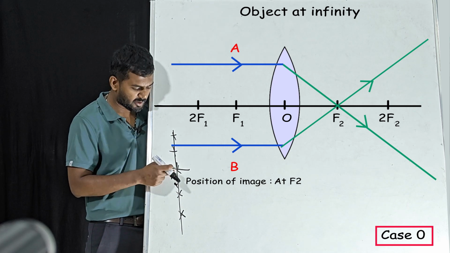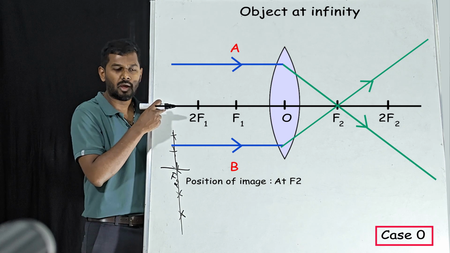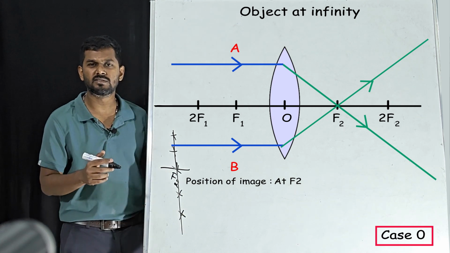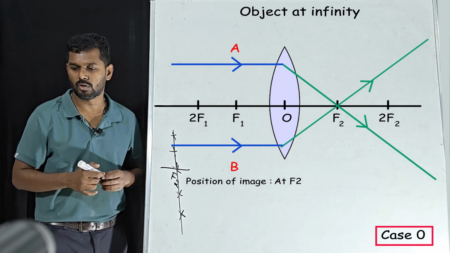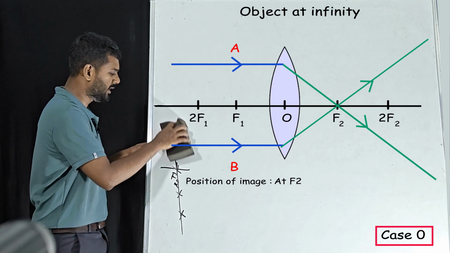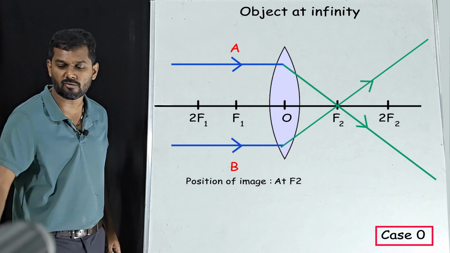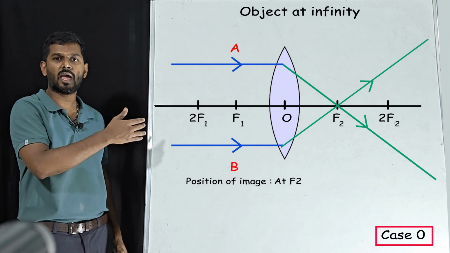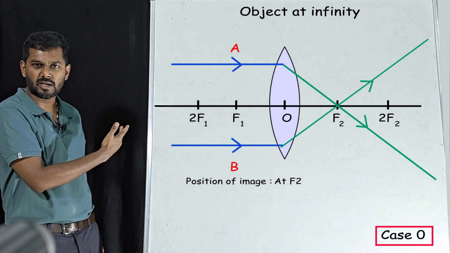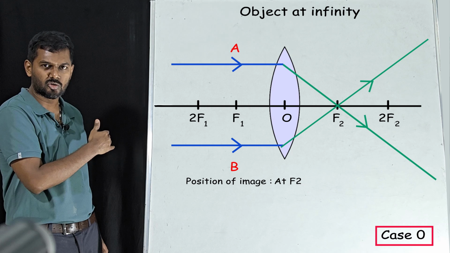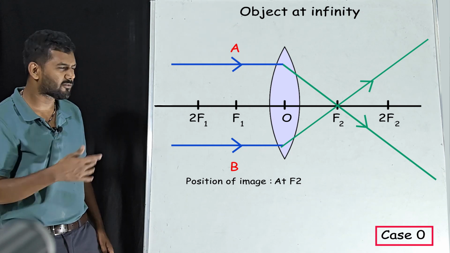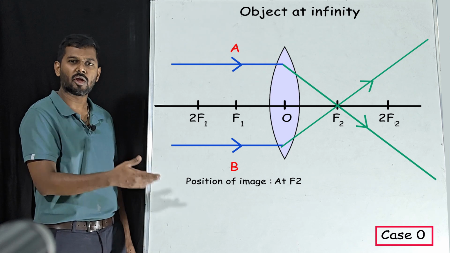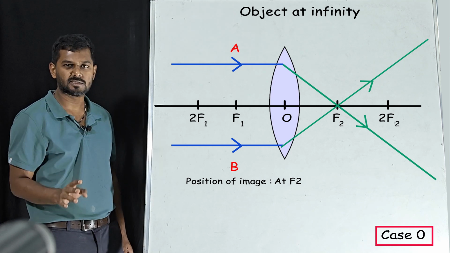It can be below F2 or above F2; for all these cases, we consider the position of the image to be at F2 only. These things you should know. This is not only for F2. On the left side we are getting F1, 2F1, and so on, so all these conditions will follow everywhere. You will get to know once we are drawing the ray diagram for different cases.